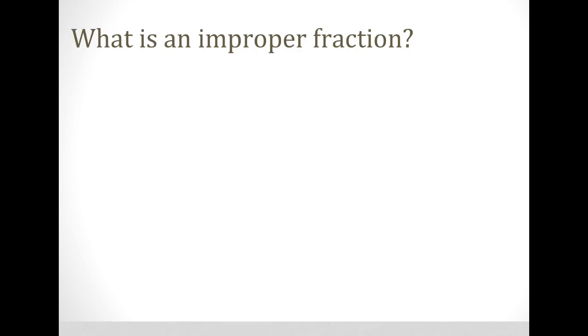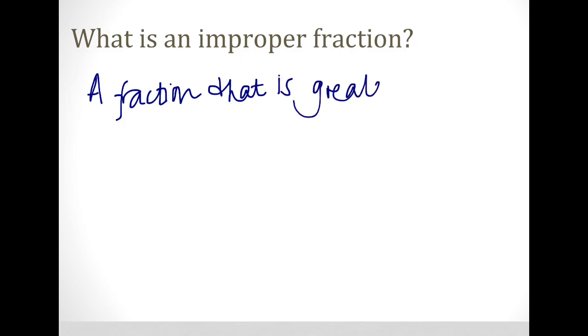So, what's an improper fraction? Okay, I want you to pause and think about that, and then we're going to write a definition in our books of what an improper fraction is. So, what is an improper fraction? An improper fraction is a fraction that is greater than 1.